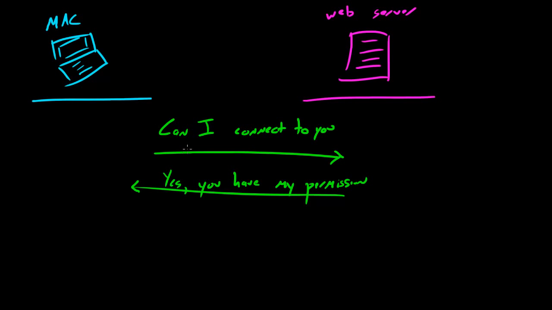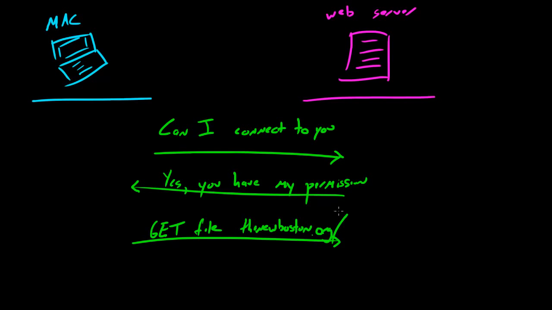Now the Mac knows that it has the authority to connect. So now it's going to request the file, which is of course the web file, so it can view the website. It's going to send a request that looks like this: GET, and we'll talk about why I wrote GET in a little bit, then the file, which is just going to be thenewboston.org/index, or like tutorials.php or something like that.